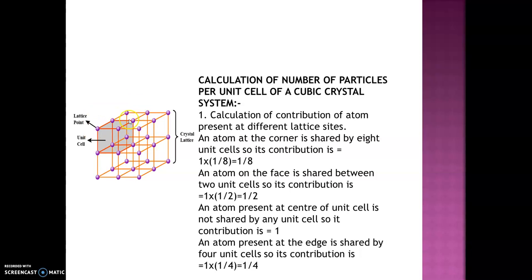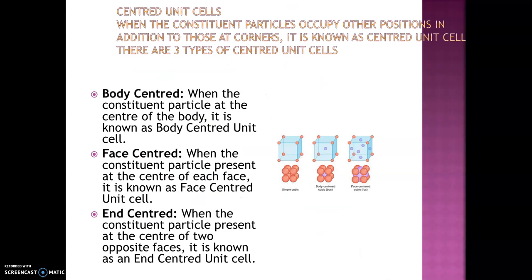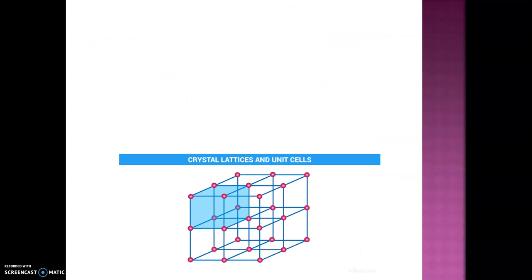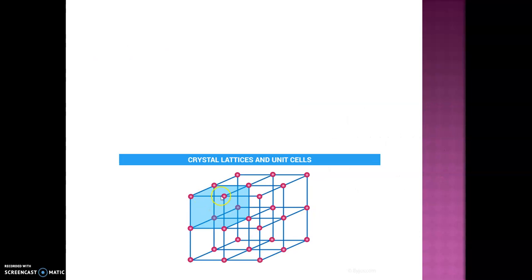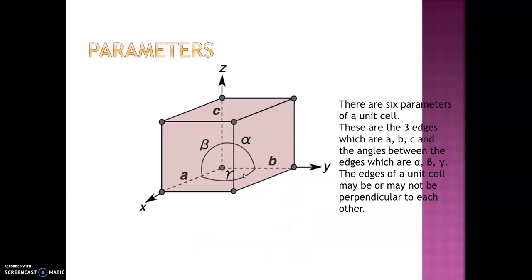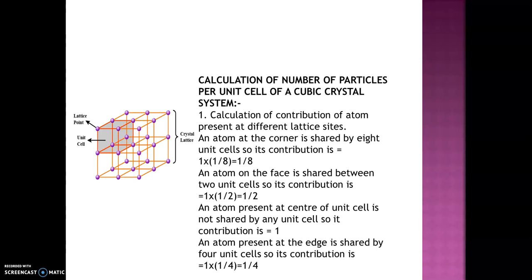If we take a structure, if this is a single unit cell, we have seen a lattice. In this lattice, each unit cell is touching other unit cells. This one single unit cell is touching other unit cells. So how many they are touching each other, that is their coordination number.